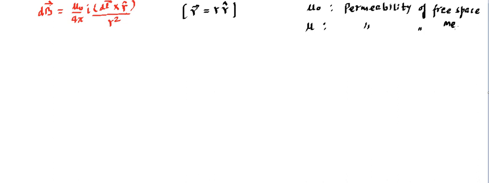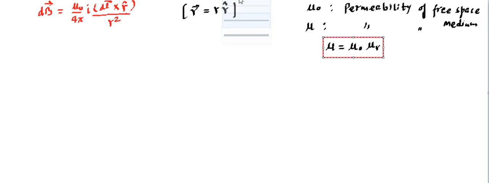The relation is very similar to that: mu will be mu naught into mu r. This mu naught is the permeability of free space, and mu r is known as the relative permeability. This expression is quite important. If mu r is given to us, we can find out the value of mu, that is, the permeability of medium, and we will replace this simply by that later.